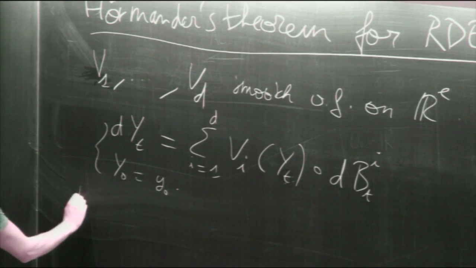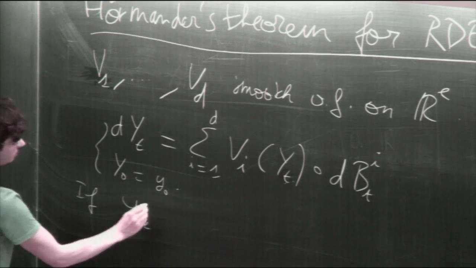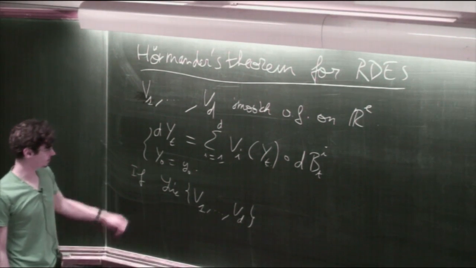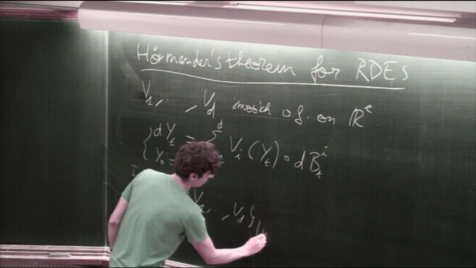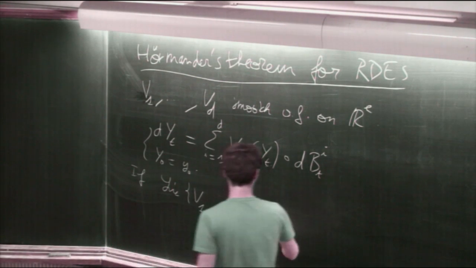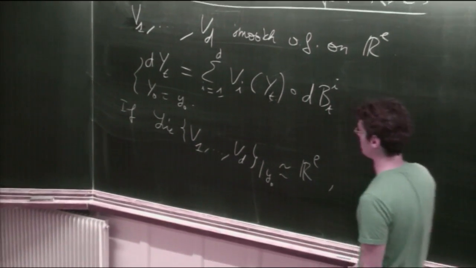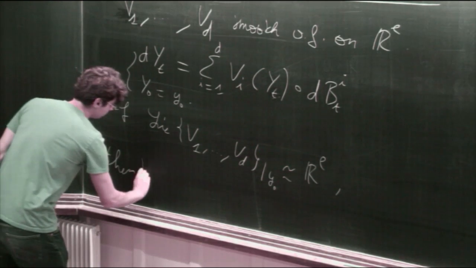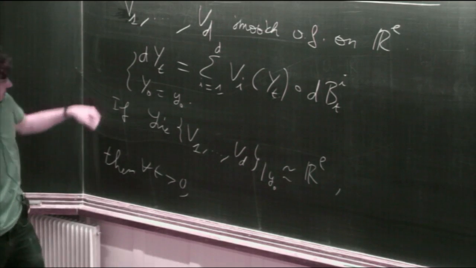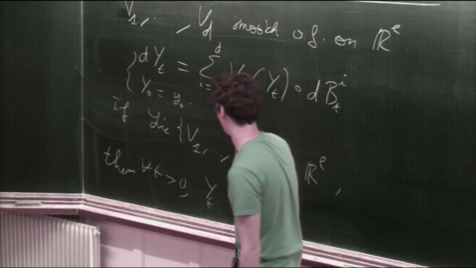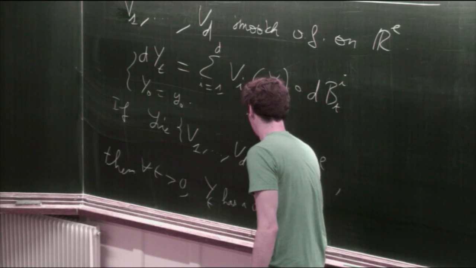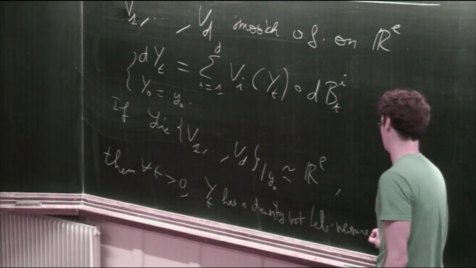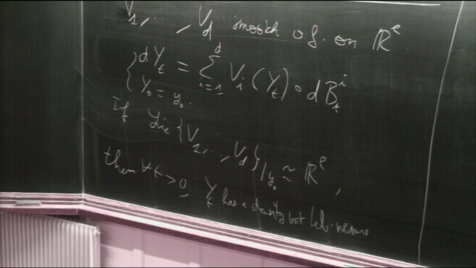Hormander's theorem tells you that if the Lie algebra generated by these vector fields, at the point y0, spans the whole tangent space, then for any fixed positive time, the random variable Y_t has a density with respect to Lebesgue measure on R^e. So that is the classical Hormander's theorem.